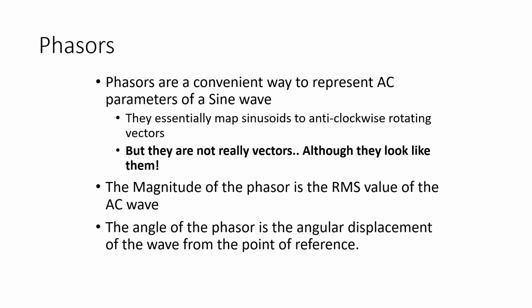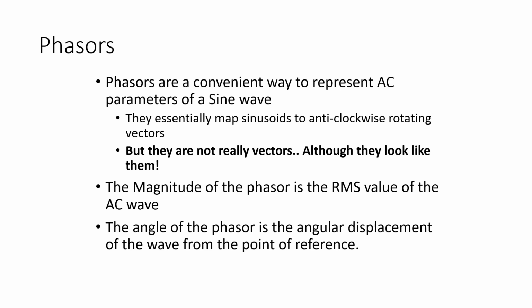So in summary, this is a convenient way to represent AC sine waves. They essentially map sinusoids to anti-clockwise rotating vectors, but they're not really vectors, although they look like them. They're really sinusoidal waves, and the multiplication and addition of sinusoids is what you really accomplish here, not vector addition and cross products and dot products and so on.